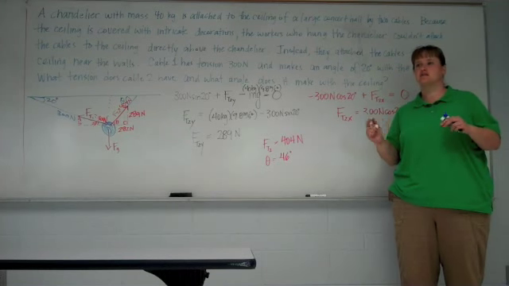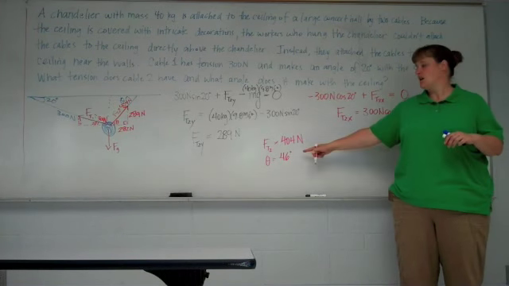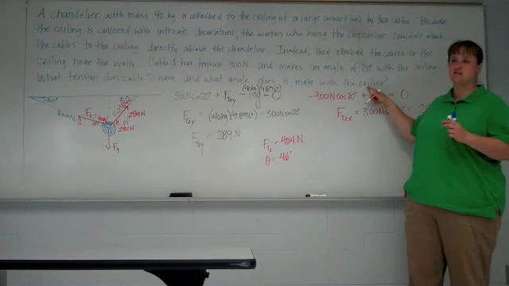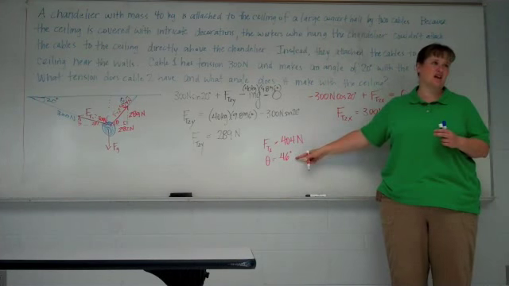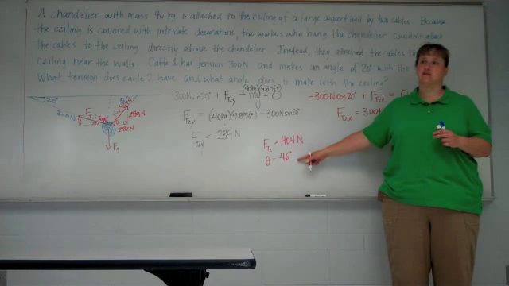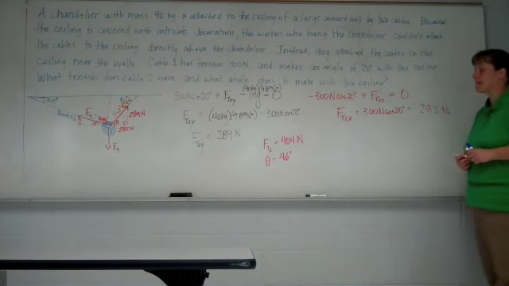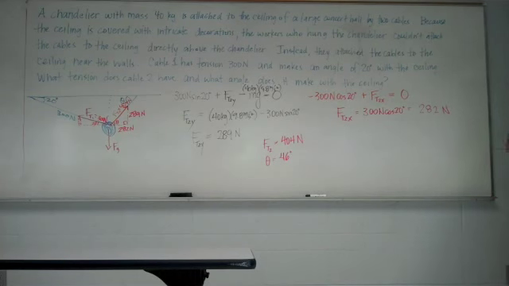We don't have to say north, south, or east, or west. The problem specifically asks what angle does it make with the ceiling? It makes a 46-degree angle with the ceiling. That's all we need to know. Questions?